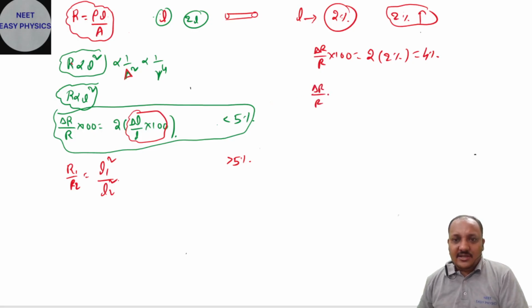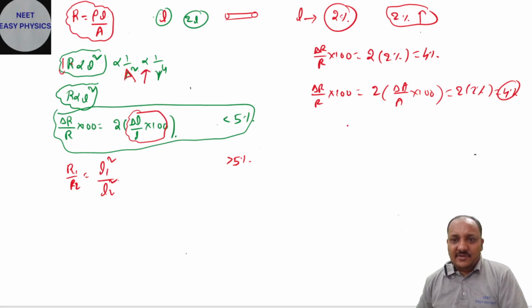So delta R by R into 100 equals, A power how much is the area? 2. Therefore, 2 into delta A by A into 100. So this is also 2 into 2%, that is 4%. If area increases, resistance decreases by that percentage. Same for the radius.